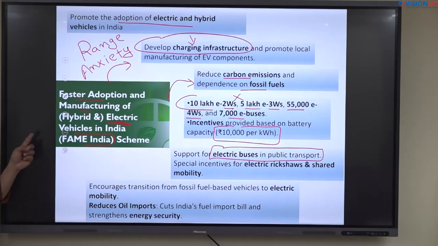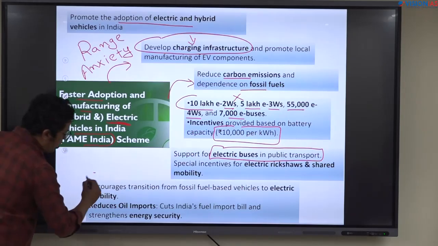Even under this scheme, it's not official, but there is a word which says that in future, the people who are coming into services, getting selected into services, get a vehicle from the government, and that vehicle would most probably be an EV. This is what the government wants, to give their civil servants and bureaucrats electric vehicles, and stop the usage of diesel vehicles by the government itself.